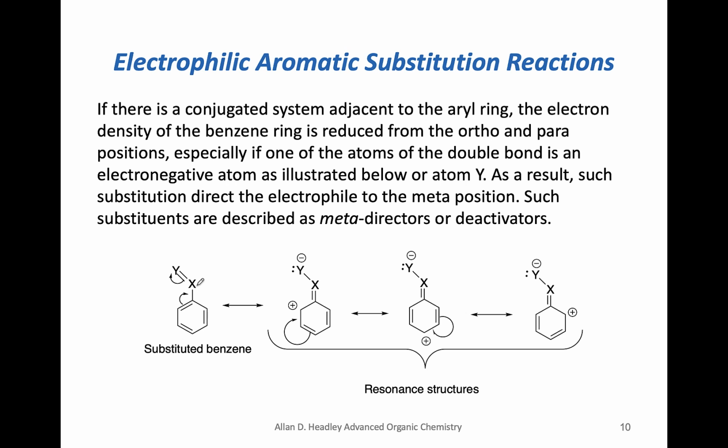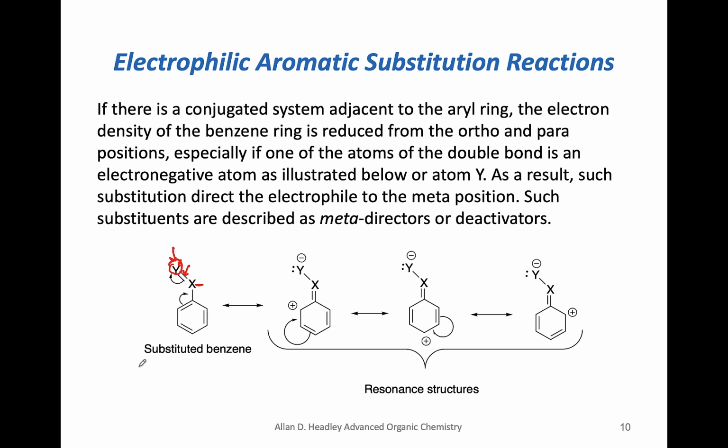If there is an atom that's bonded to another atom, and it has here a conjugation, such as a double bond. This could be a carbon-carbon double bond, but if it is a polarized double bond where Y is electronegative or more electronegative than X, you can see here it has the tendency to pull electrons from the ring towards this more electronegative atom, such as oxygen, as we have seen with the carboxylic acid.